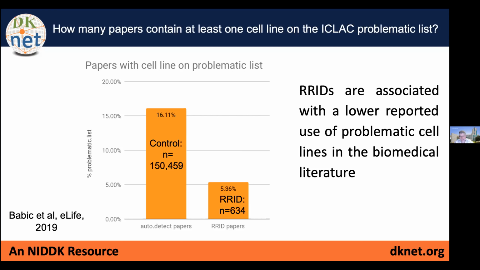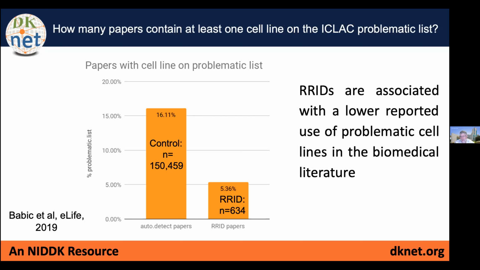Again, we can't say exactly why, but there are numerous reasons why that might be the case, in the sense that when you're assigning RRIDs and notice that a cell line does have issues, you may want to look at that research again.